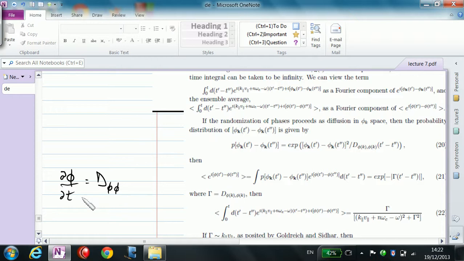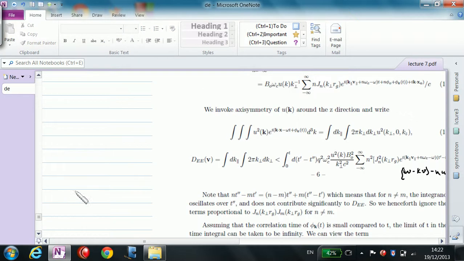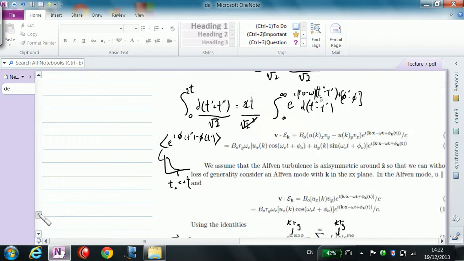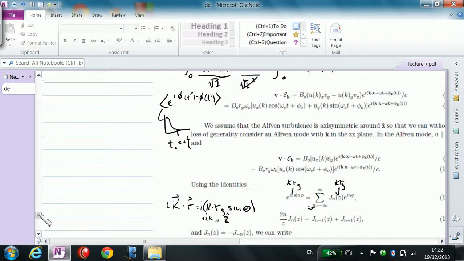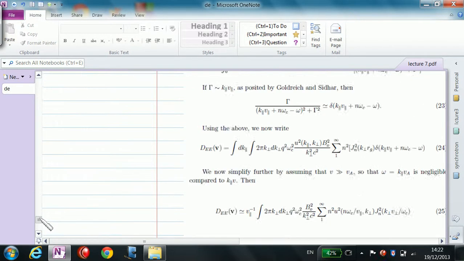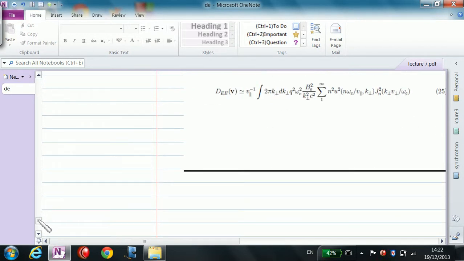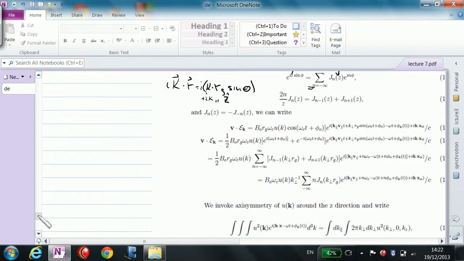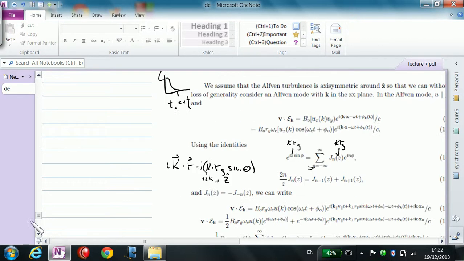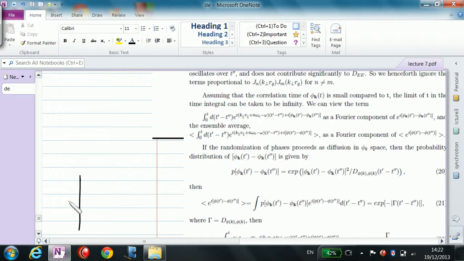No, this is not what I want to say. We just assume that the phase difference, because both phases are Gaussian, and the sum of two Gaussians is also a Gaussian.